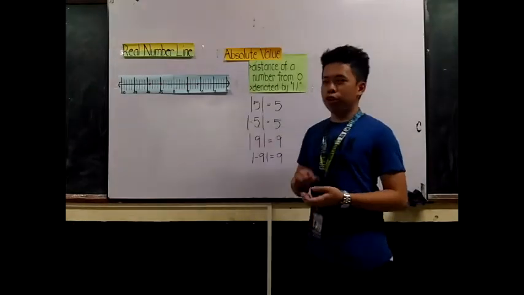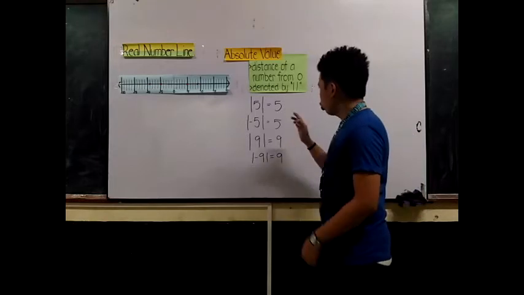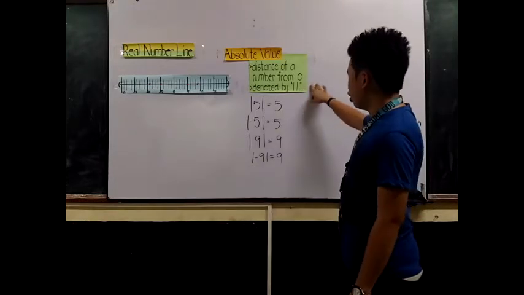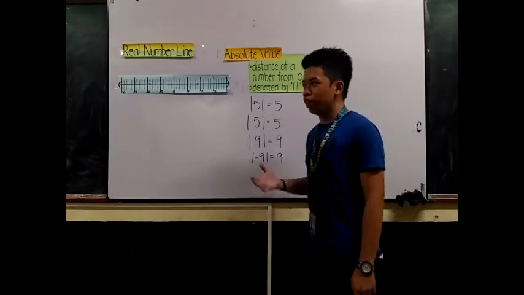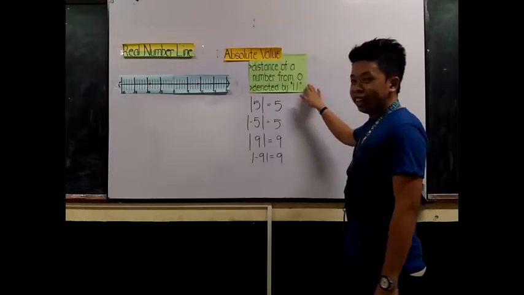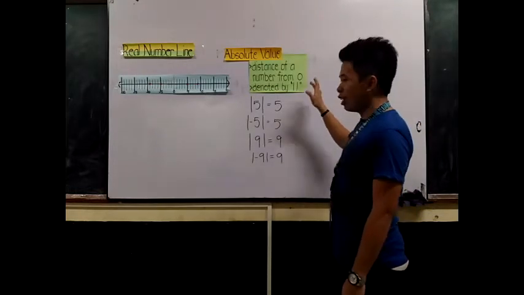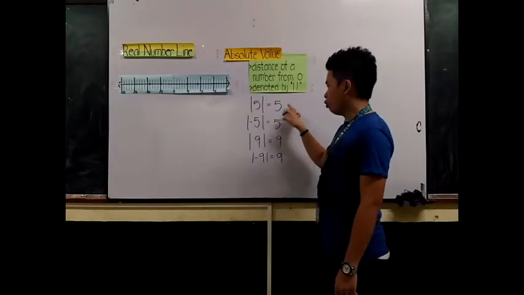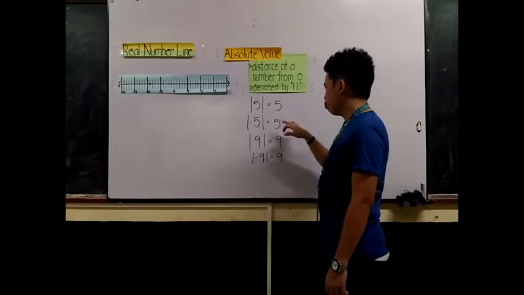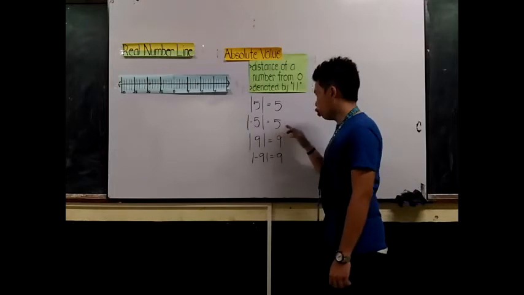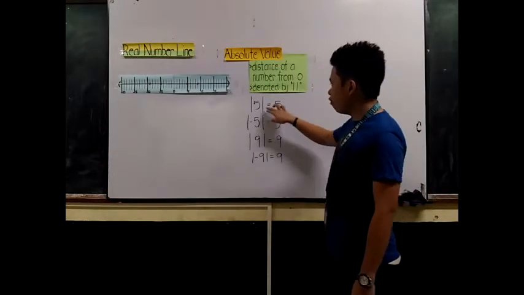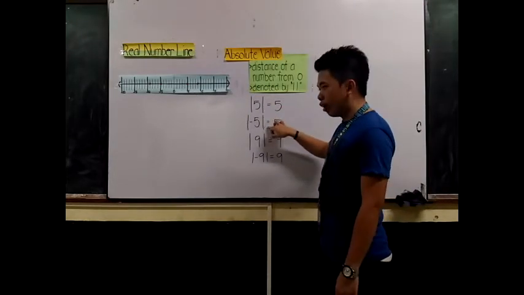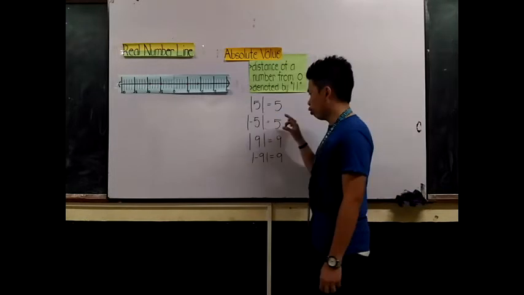There are points to remember. We're talking about distance, so there is no negative distance. The absolute value of a number is always positive. For example, the absolute value of 5 is 5. And the absolute value of negative 5 is positive 5. So there's no negative distance. 5 and negative 5 are equidistant from 0.